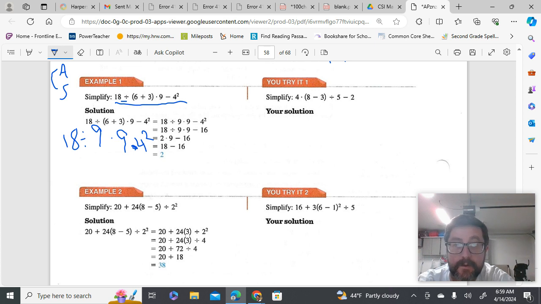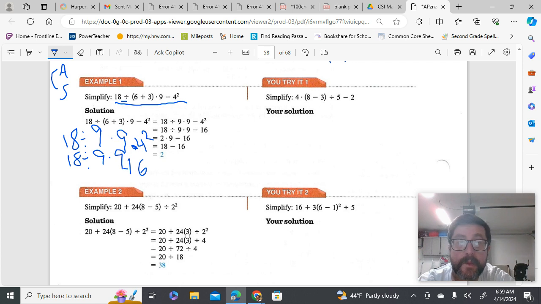So next we have to do 16, because that's what we have to do next, the 4 squared. Then we just rewrite it all. 18 divided by 9 times 9 minus 16.